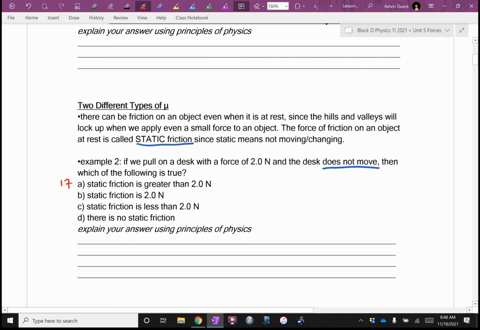Who says static friction is exactly 2 newtons? Who says static friction is less than 2 newtons? Who says there's no friction at all? Someone didn't vote. They know who they are. I know who they are. Next time I'll make sure they vote.